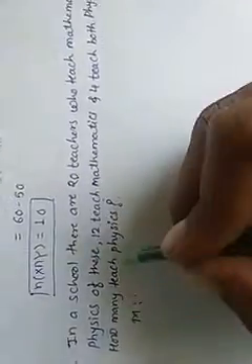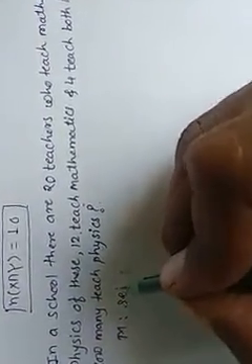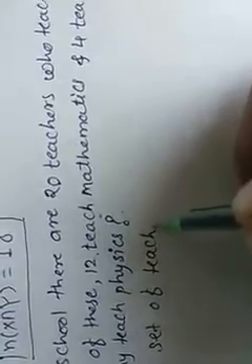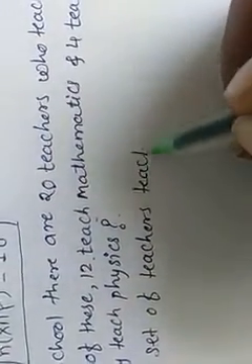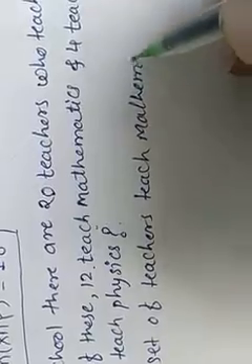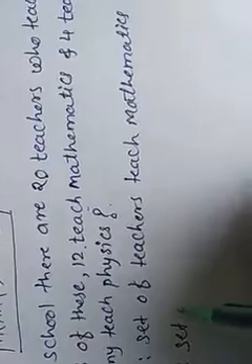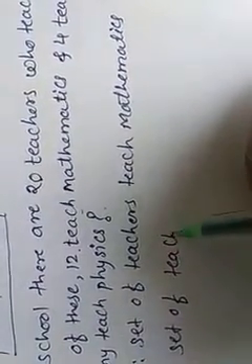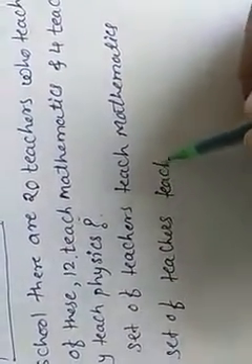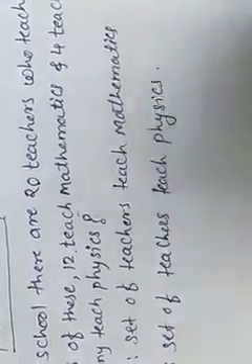In this type of example, first we have to write the notations for the sets. Firstly we define M as the set of teachers who teach mathematics, next P as the set of teachers who teach physics.